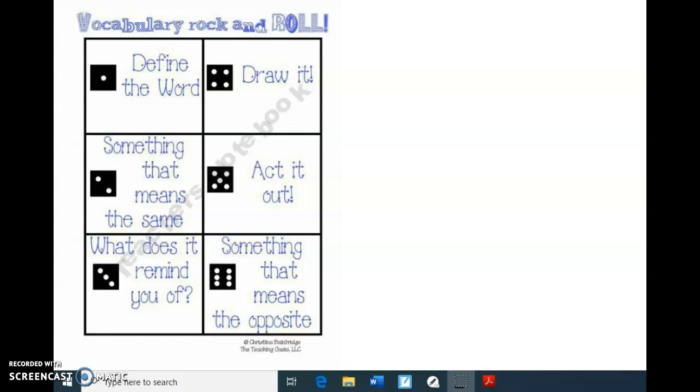If you roll a one, draw it and have the person guess it. Say something that means the same, act it out. What does it remind you of? Something that means the opposite, so synonyms and antonyms. I just thought that was kind of cool. I'll post this separately too if you want to use that. That would be a way to interact with somebody else outside your house, if that would be okay with your parents, like on FaceTime or whatever else you're allowed to use.